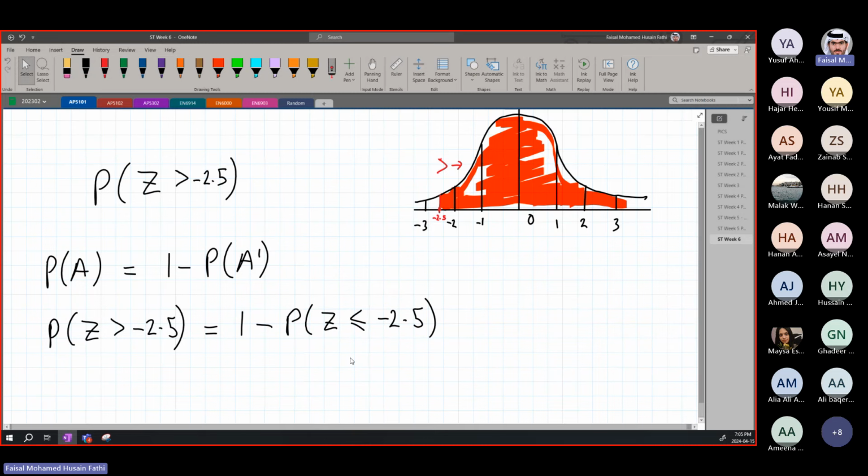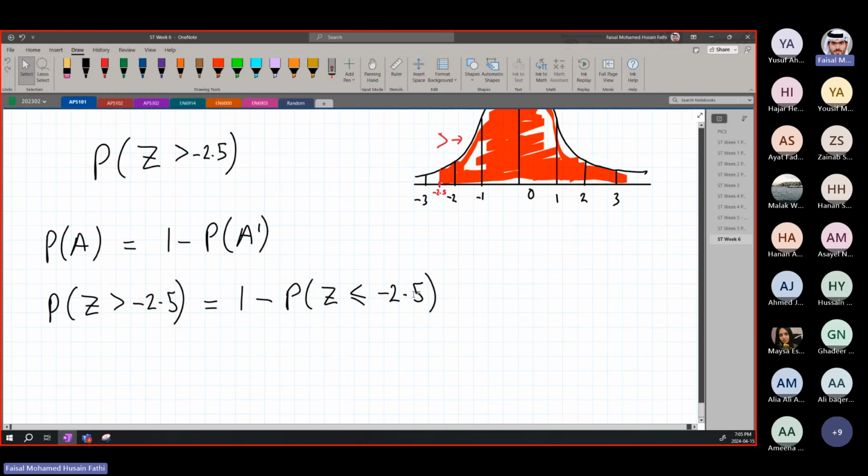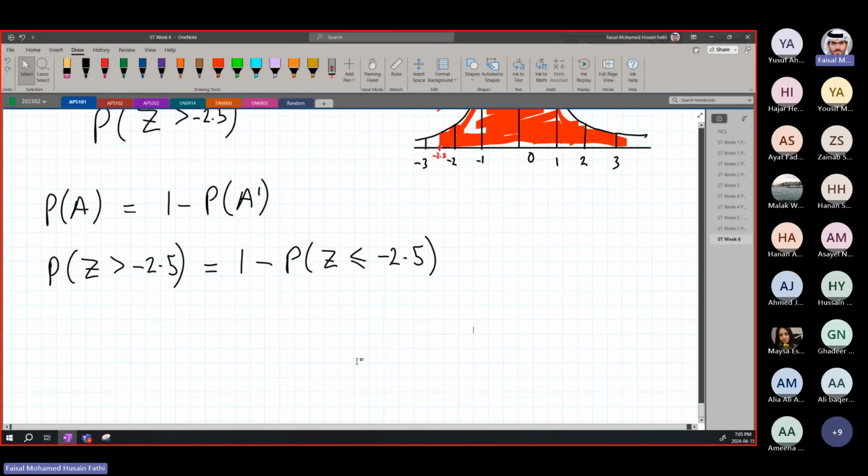In normal distribution, the equal sign does not matter much, because we are shading the entire area. We're looking at areas. We're not looking at specific numbers. This isn't discrete anymore, so it doesn't matter if it's less than or equal to. You could put this just as less than, and it is just the same thing, in this specific example. So this is the way you will do it.